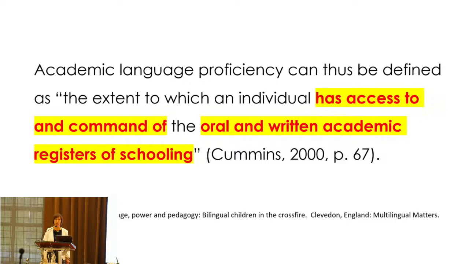This means the language of schooling. School language and home language are very different. And just because students may be able to speak English well in the canteen, on the playground, when they talk about movies, it doesn't mean that they will be able to use academic English well.